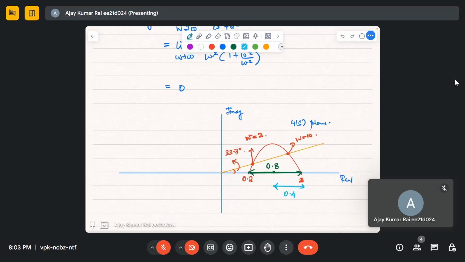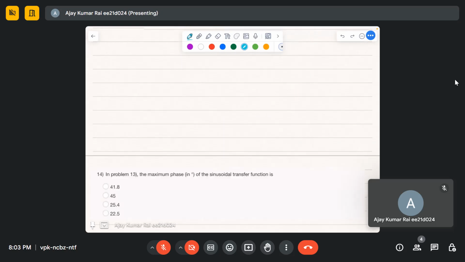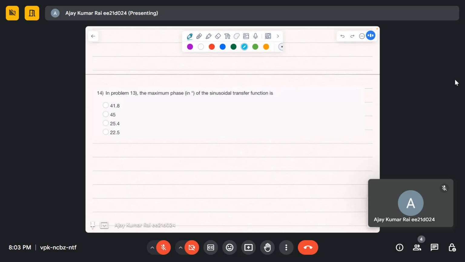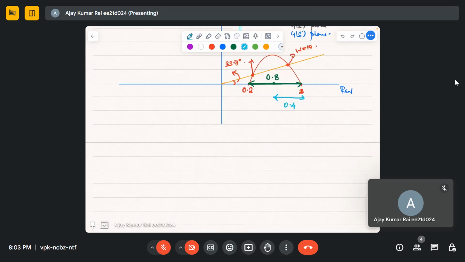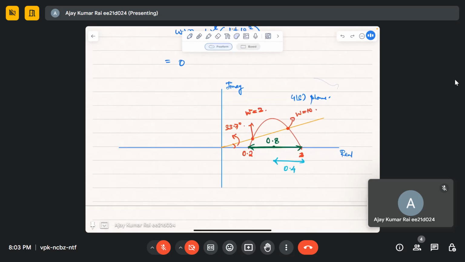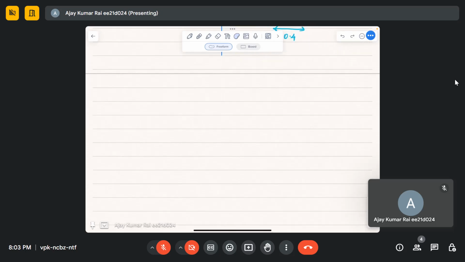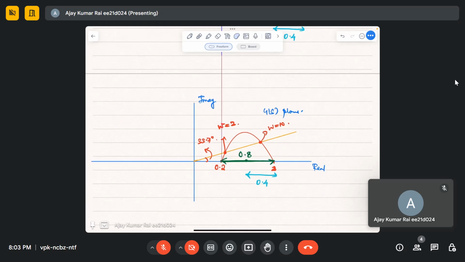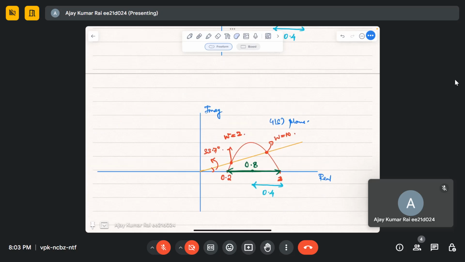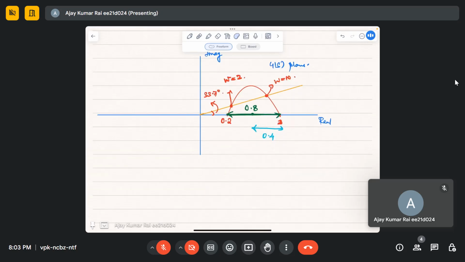Let's go to the next question because it's related to this graph. In the next question it is asking the maximum phase in a sinusoidal transfer function. So let's copy this, and we'll be using this Nyquist plot to get the maximum phase. This we know.